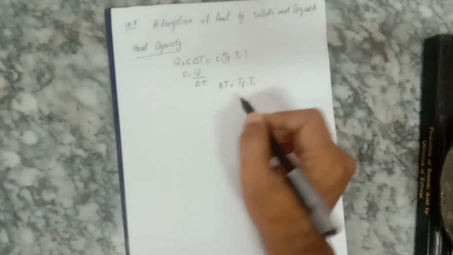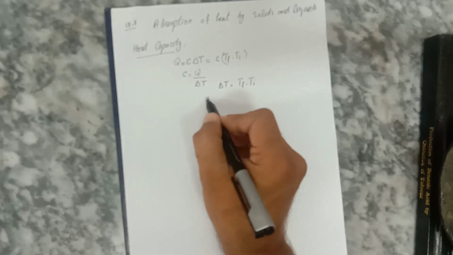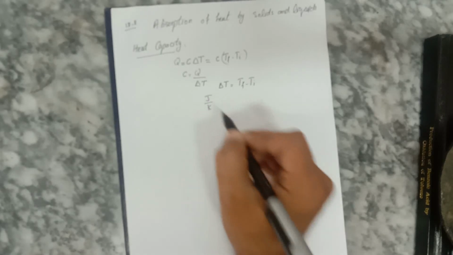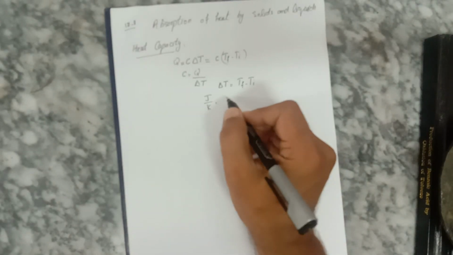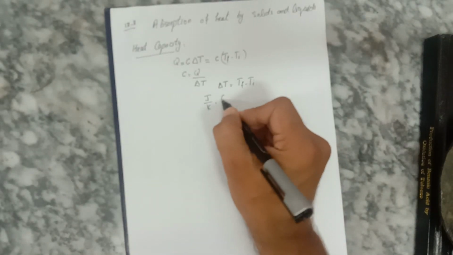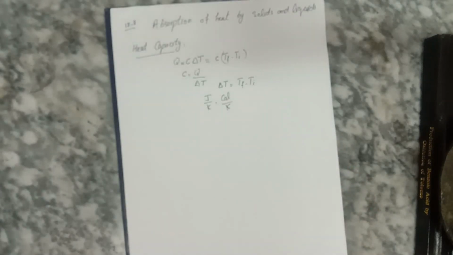Its unit could be, if energy is in joules and temperature is in Kelvin, joule per Kelvin. Or if the heat energy is in calories, then it would be calories per Kelvin.